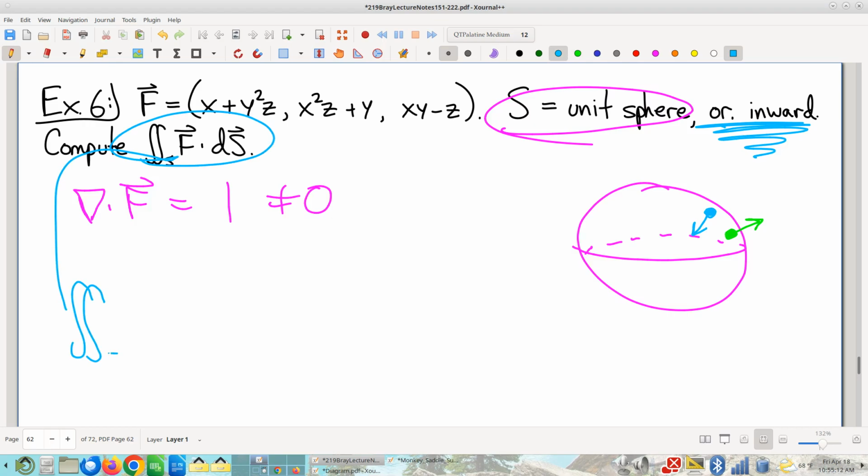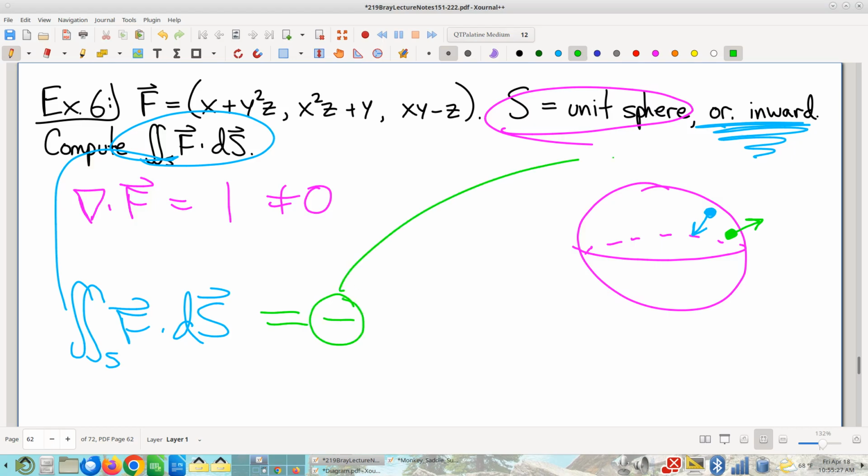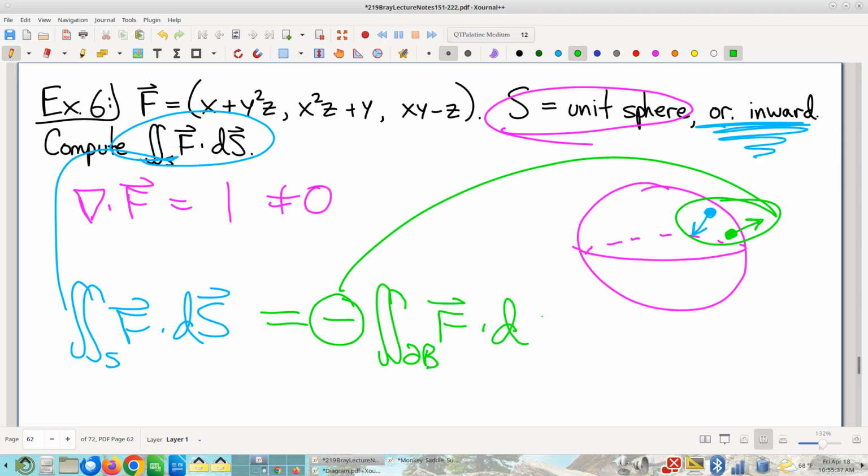The flux through the inward oriented surface that we've been asked is the negative, because of this orientation issue, the negative of the flux through the boundary of the ball, F dot dS.